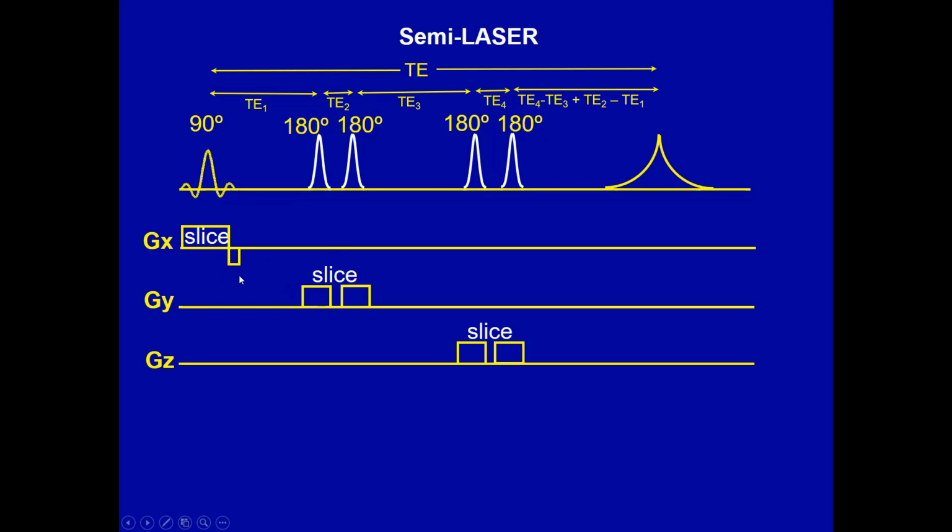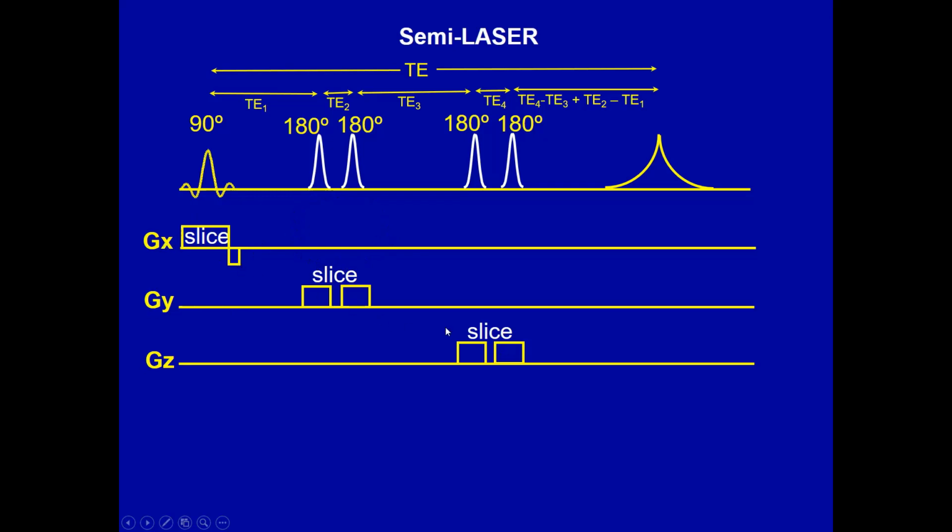So we have, again, X, Y, and Z. They don't have to be done in this order. There could be reasons that you might find better selectivity. For example, you might want to apply the slice selection of the 90 in the Y direction, and then do X for the first pair of 180s.